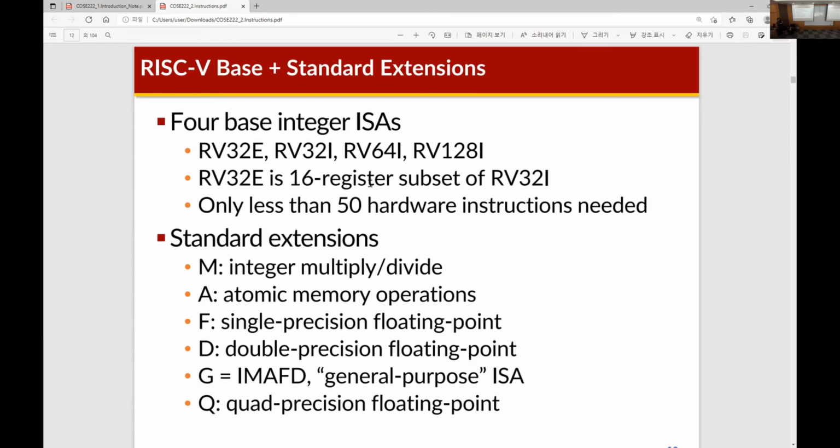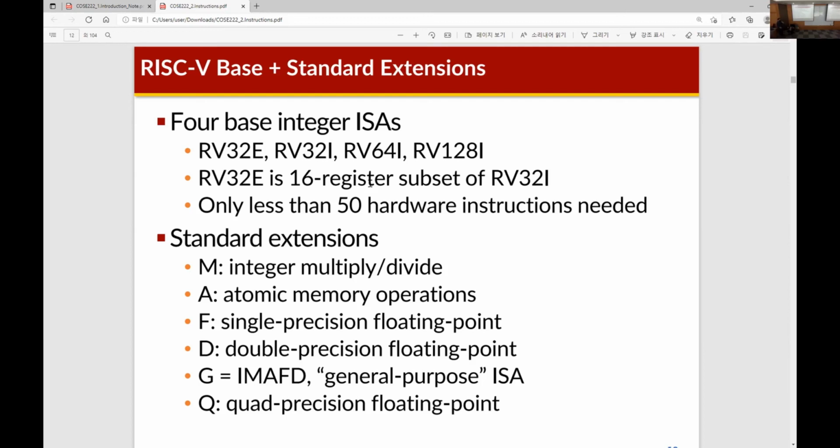A means atomic type instructions, and F means single precision floating point. We will learn about single precision later. D means double, and G means general purpose ISA, which includes IMAFD. And Q means quad precision. So based on these extensions, more instructions can be included.